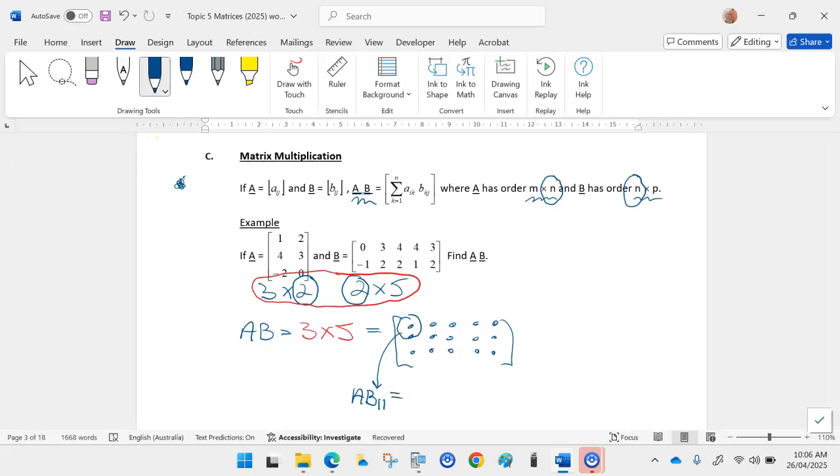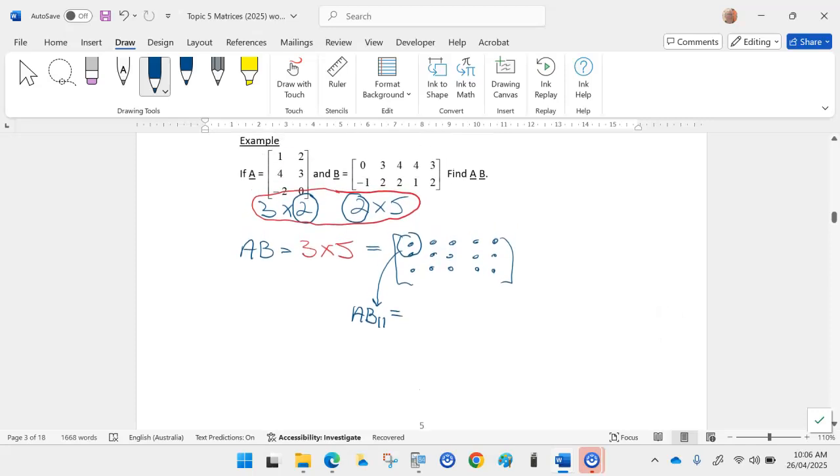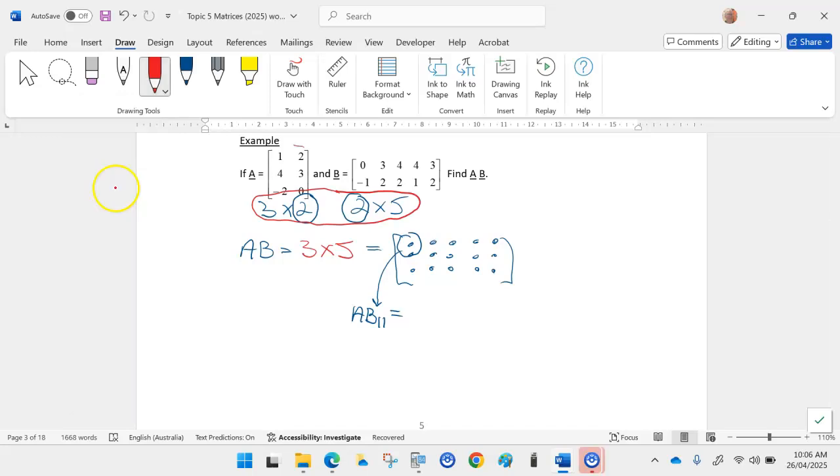So to get that first position in the product, first row, first column, I'm going to take the first row of matrix A and multiply it through the first column of matrix B. So what does that look like?